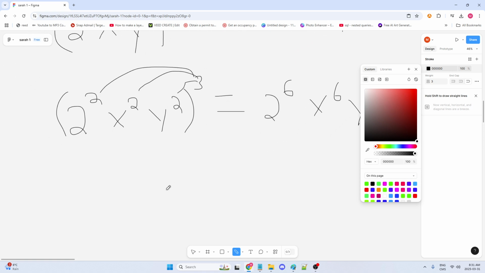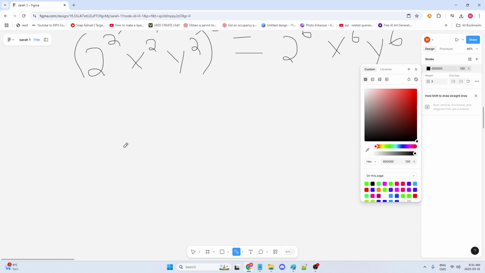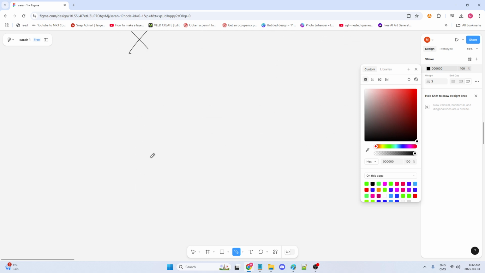Perfect. Now say you have this now. x to the 2 over x like this. So to solve this, you have to imagine there is a 1 here. So 2 minus 1 is just 1. So you have x to the 1, which is equal to x. Let's do another one.